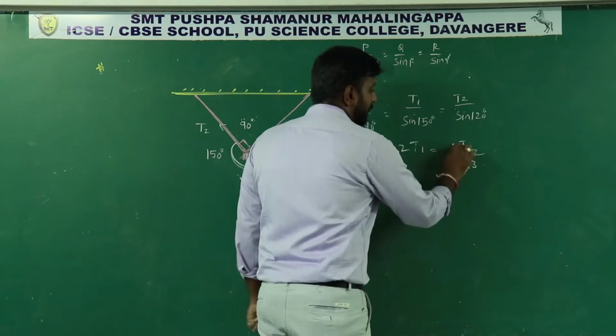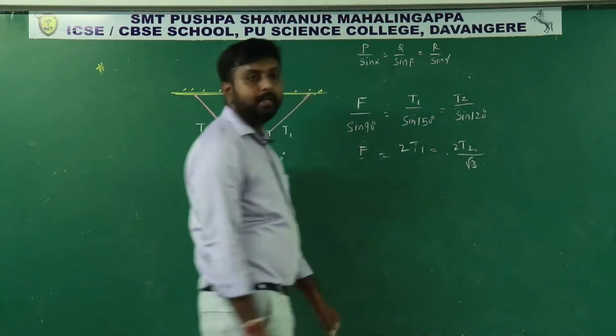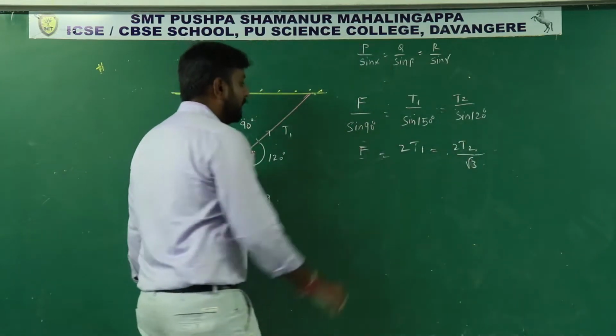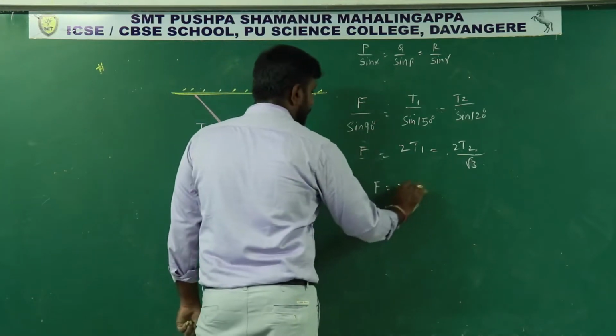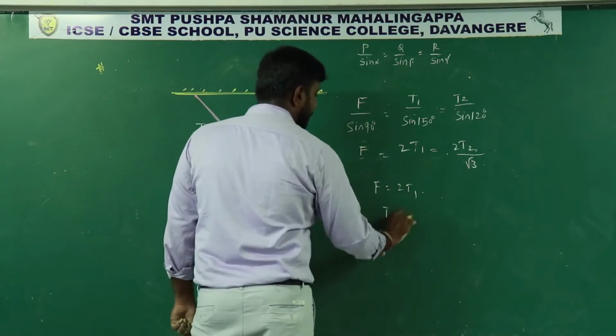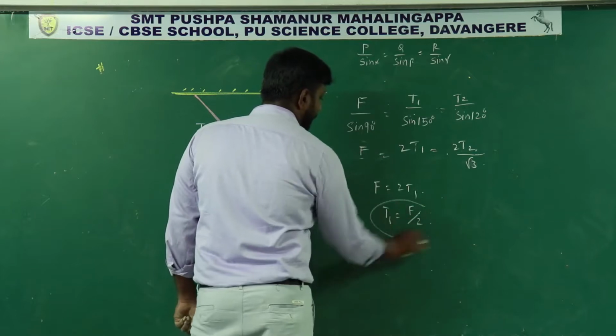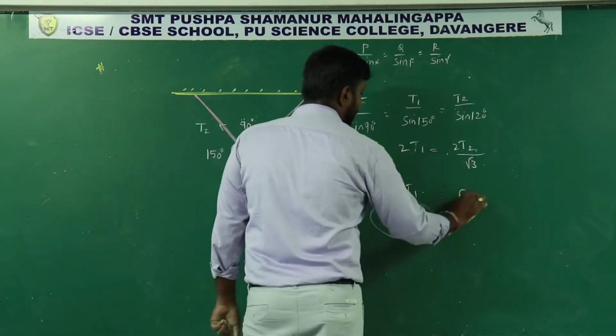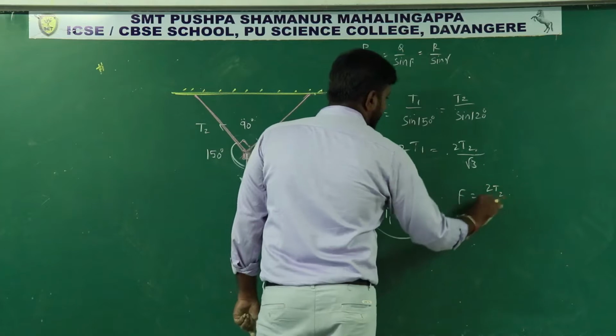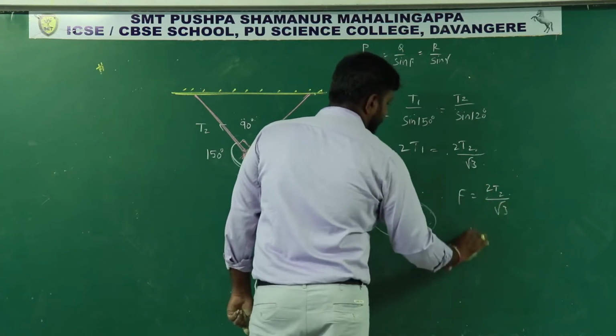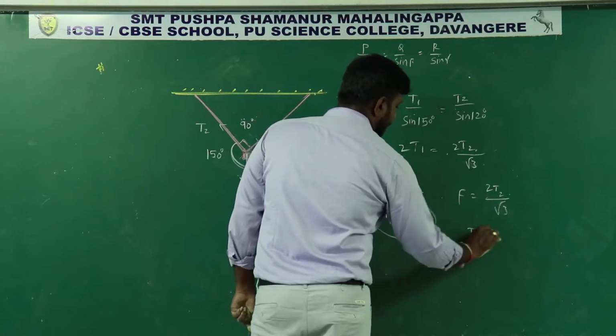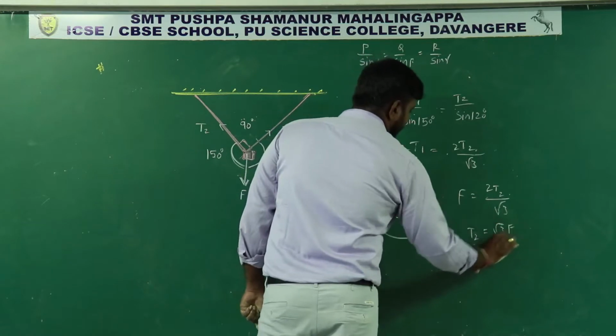That means 2T2 by root 3. Then you can write F equals 2T1, or T1 is equal to F by 2, or F equals 2T2 by root 3, so T2 is equal to root 3 F divided by 2.